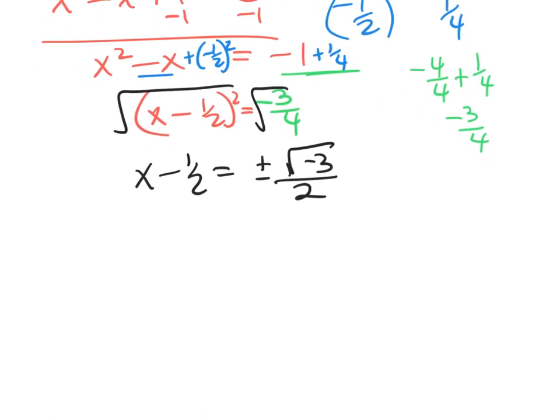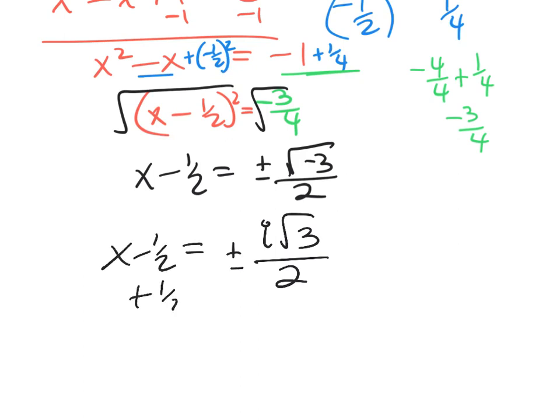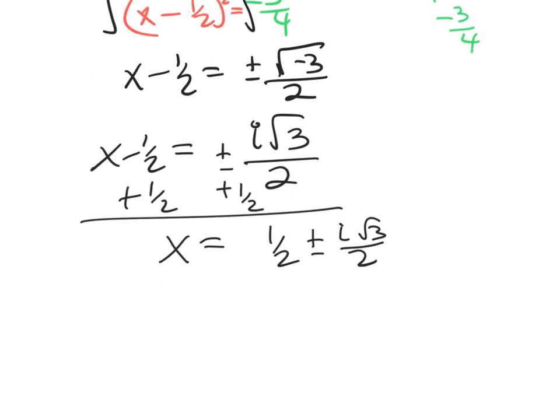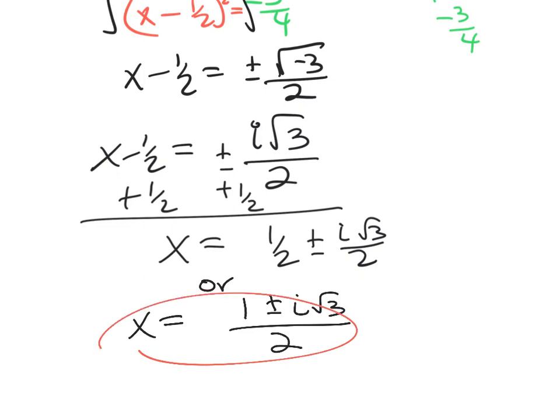I can simplify the square root of -3 and pull out an i, and then move the half. So x equals 1/2 plus or minus i root 3 over 2. Again, if you want to put it all together with a 2 in the bottom, you can do that also.